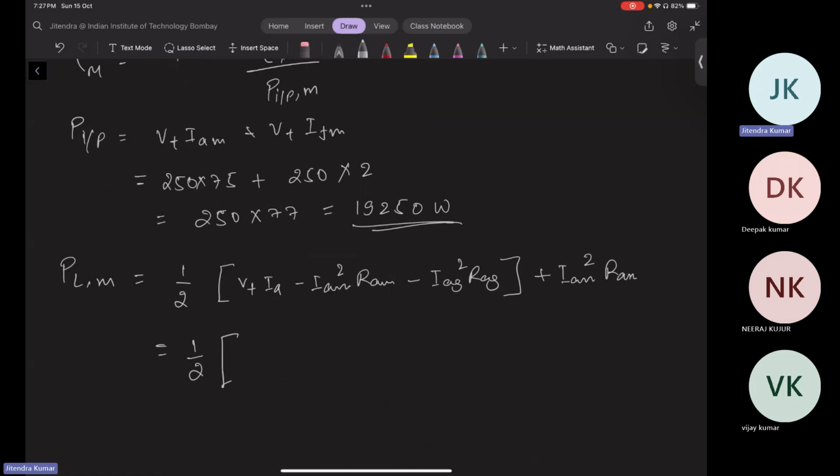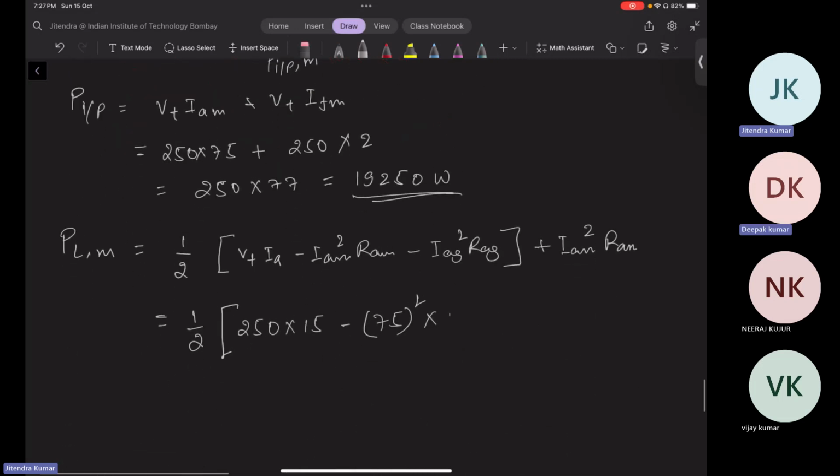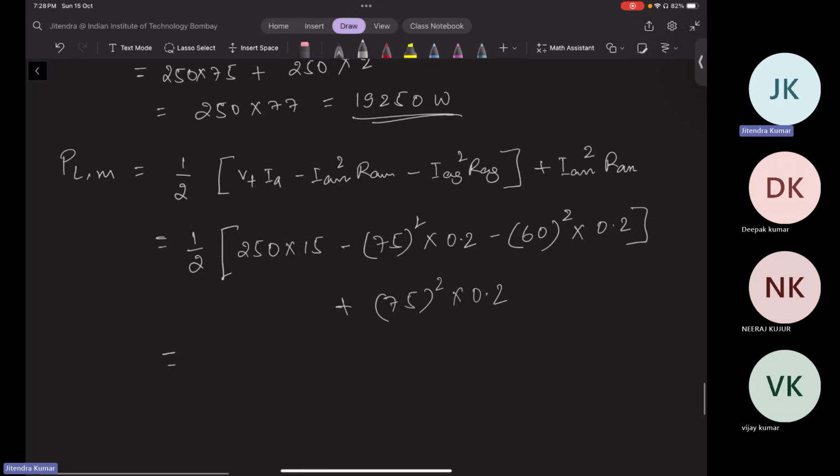So 15 will be the IA and VT is 250, minus IAM is 75 square into RAM 0.2, minus IAG is 60 square into RAG, again 0.2, plus IAM square RM. So 75 square into 0.2. So how much will it come out? Please calculate it. I will be back in 2 minutes.